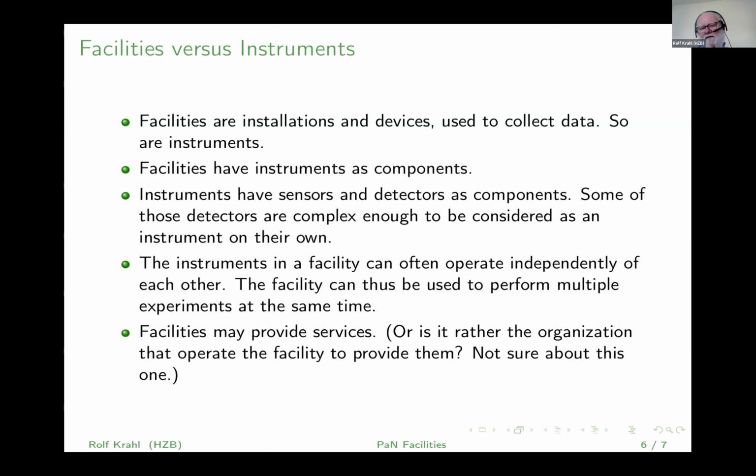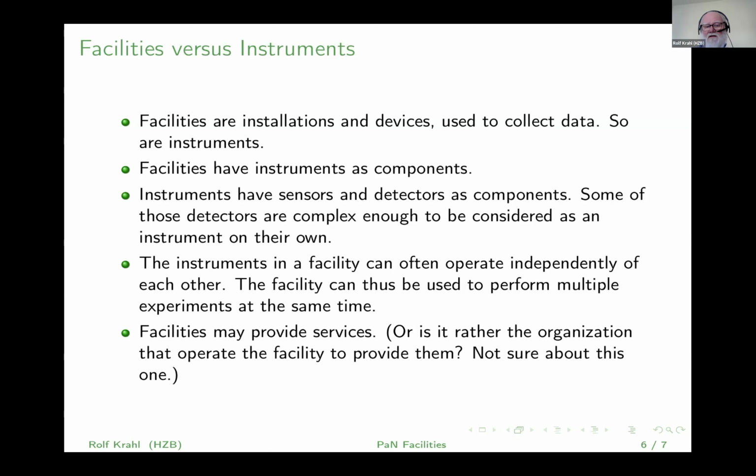There is one distinction that I would admit: the instruments in a facility can often operate independently, and that means a facility can be used to run multiple experiments at the same time, and you would most of the time not say that about the state of an instrument.